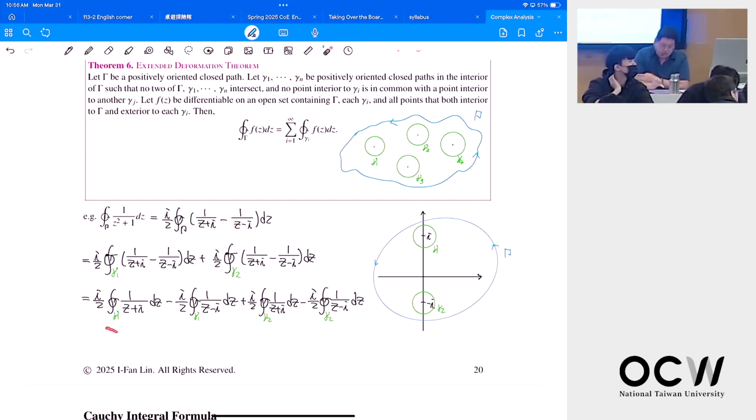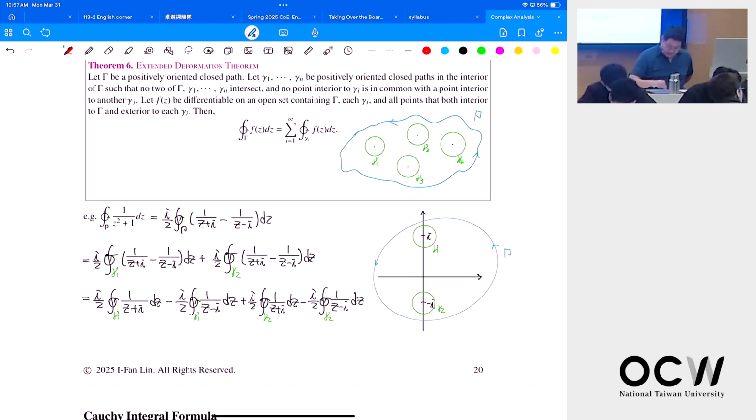Gamma 1 is here, and z plus i is this point. So is that 0 or 2 pi i? I have already told you that the answer is either 0 or 2 pi i. There's no none of the above. So 0, raise your hand. 2 pi i. All right.